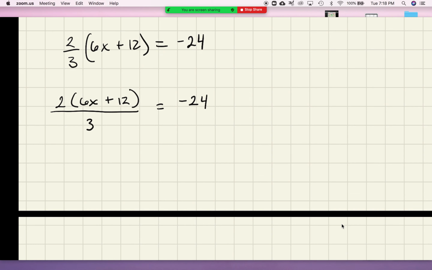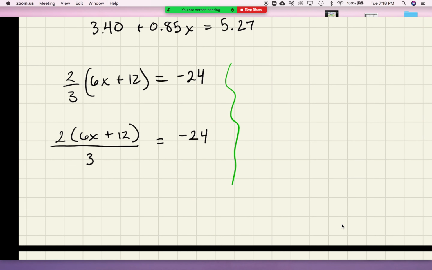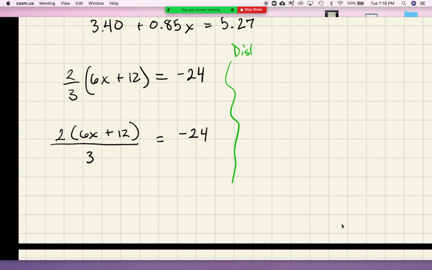On both, yeah. So there's two ways to do it. I'm going to actually distribute, and then just write it in two more ways that still all mean the same thing.